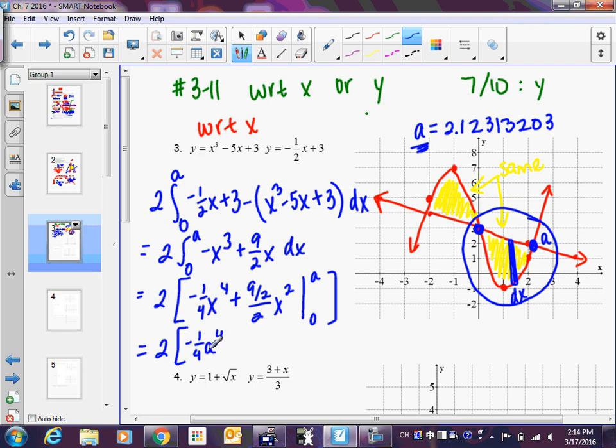I'm going to plug in A for x. Keep plugging in the upper bound. And then are you confident that plugging in 0 is going to result in 0? So we could stop there. If you're not confident, then you need to write it out. So that's how you do that, integrating by hand.